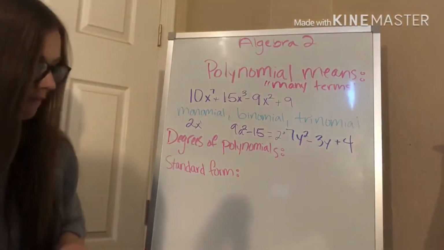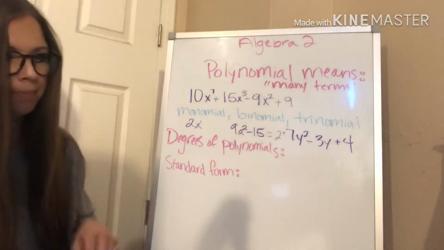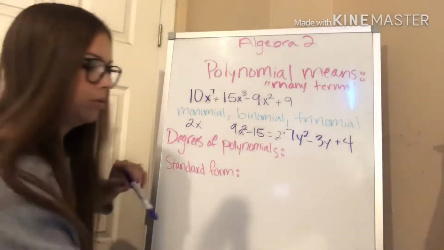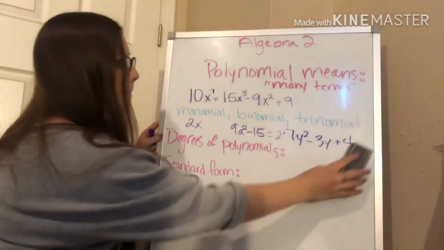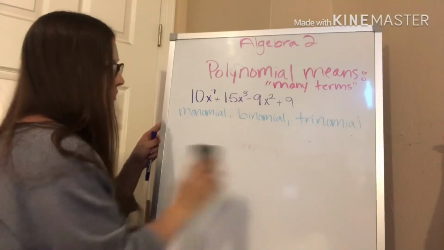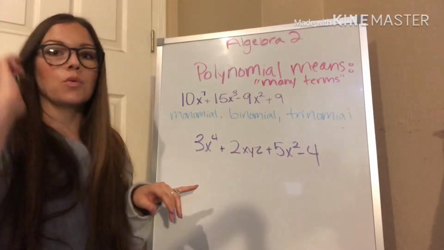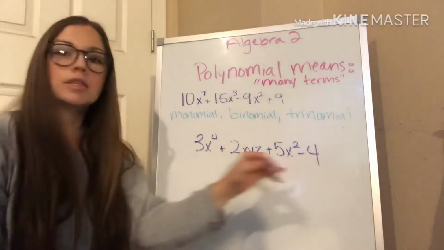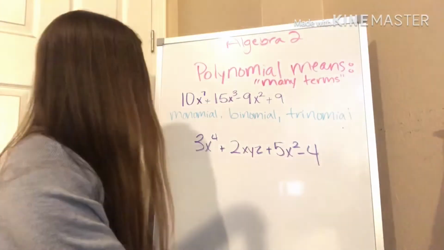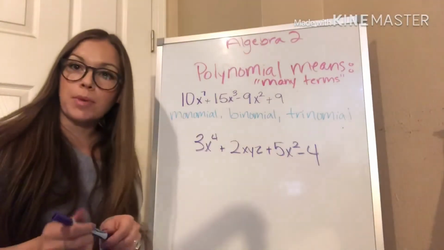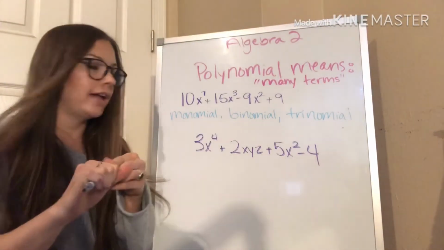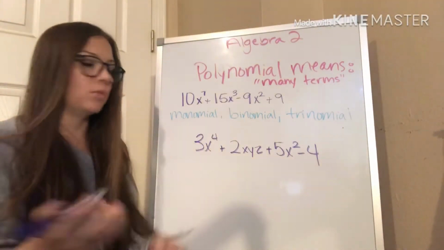So here is the first problem. I'm going to erase some of this so you guys can see. Okay, so here's our first problem. We are going to look at each term and see what the value of the power is because the highest power will be the degree for the whole polynomial.